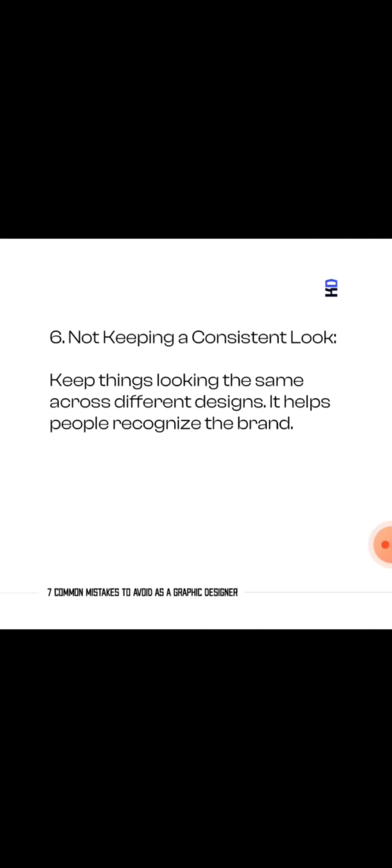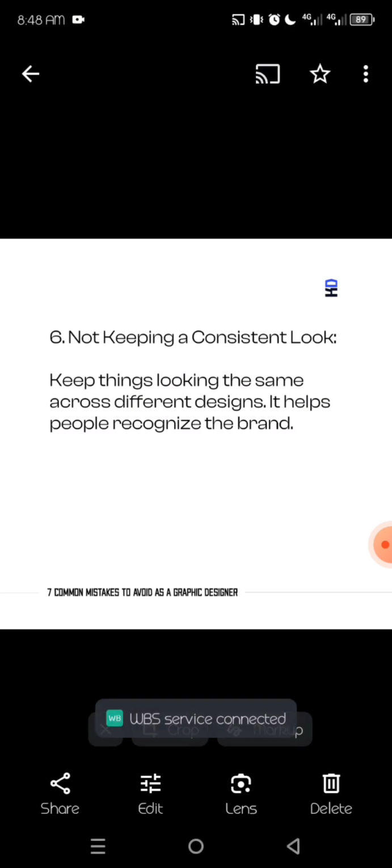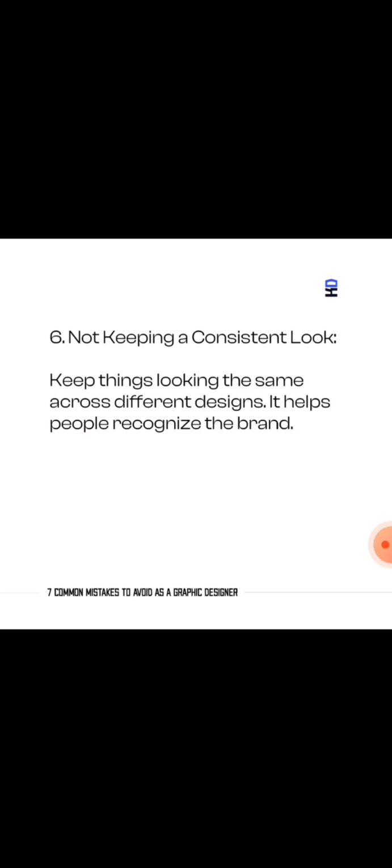Now, the sixth point is not keeping a consistent look. If you're working for a brand, try as much as possible to keep things looking the same across different designs. It helps people recognize the brand easily.